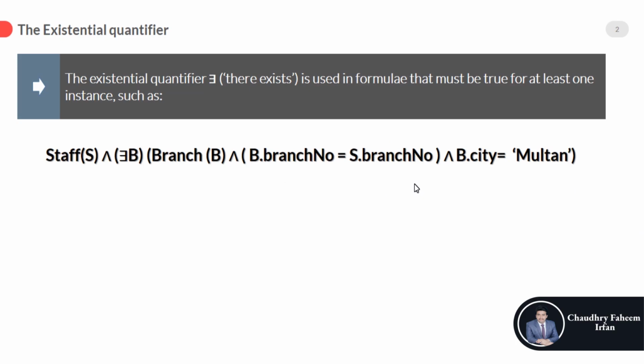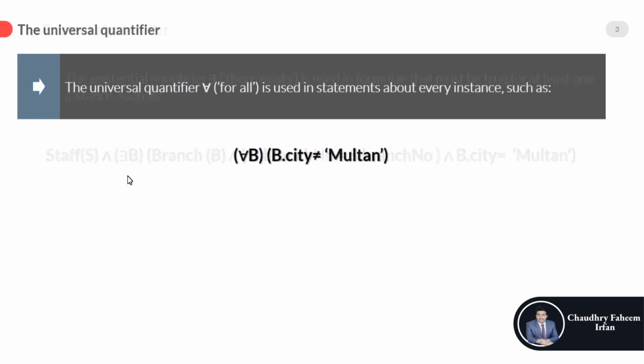So by using the existential quantifier we can select where there exists, and there exists applies on a few tuples or a few records. Now the second one is the universal quantifier.